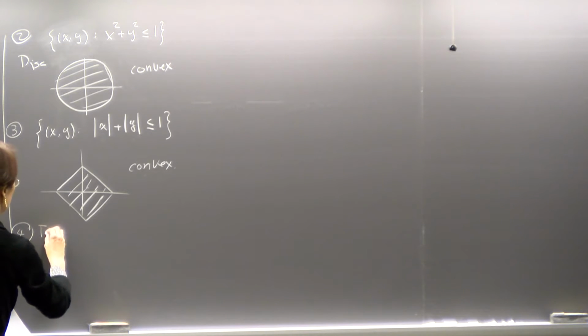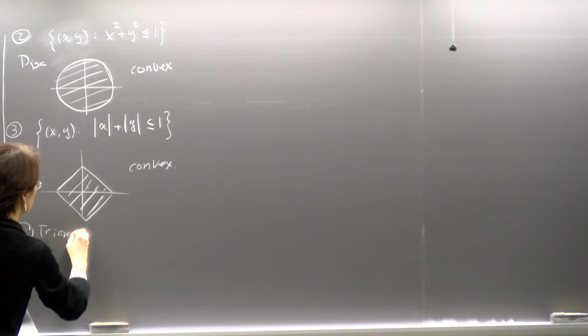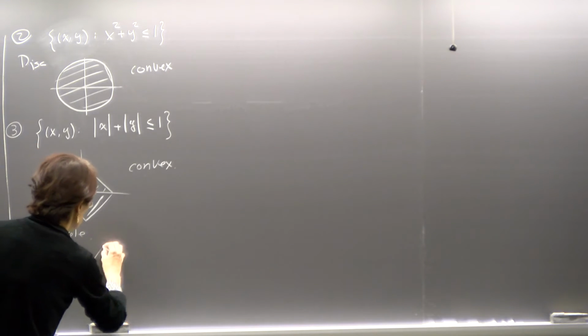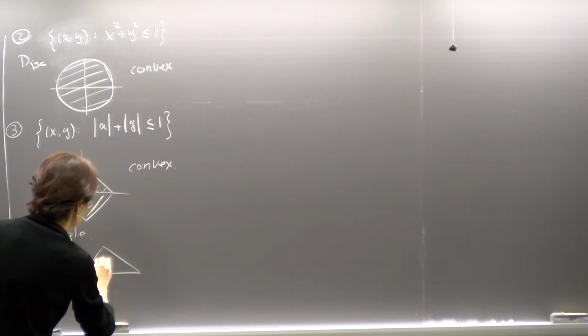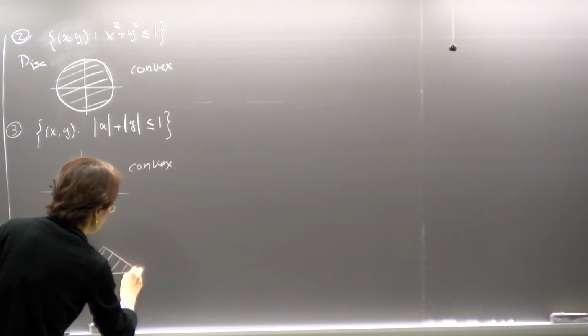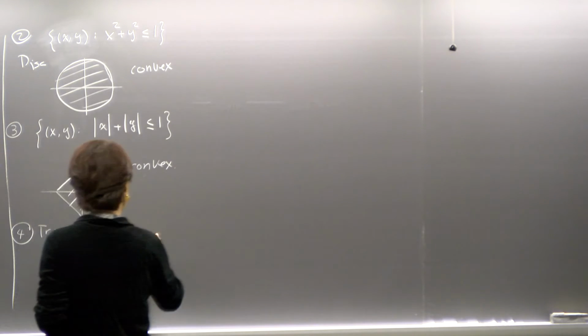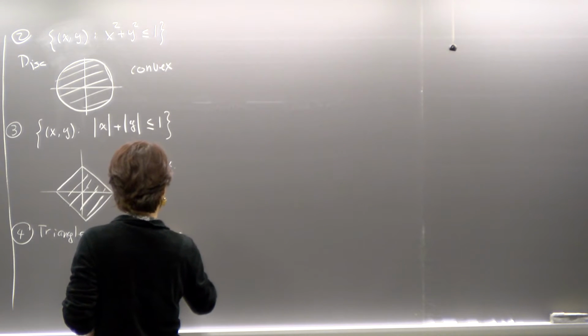Let's say I just have a triangle or quadrilateral or hexagon or whatever. Let's say just a generic triangle. The interior, this part. Do you think it's a convex set? Any points in this triangle? It is, right? Okay. So these are all convex set examples.